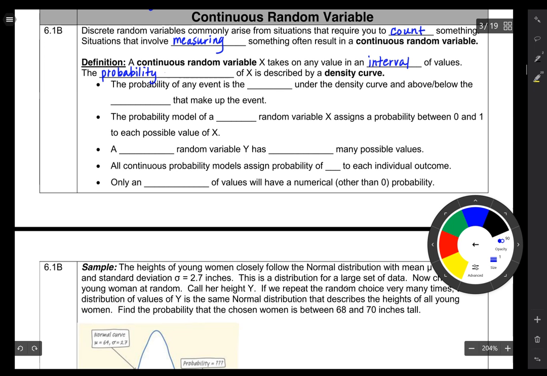Whenever we have normal distributions, we can use our normal CDFs to find probabilities, and we're going to be using our calculator quite a bit. The probability of any event is the area under the density curve and above and below the value of x that make up the event.